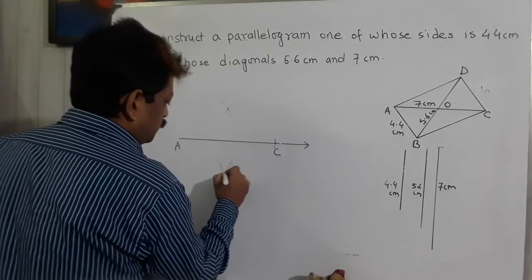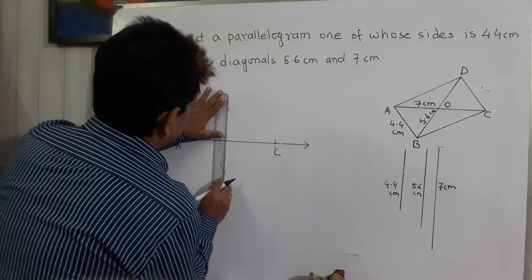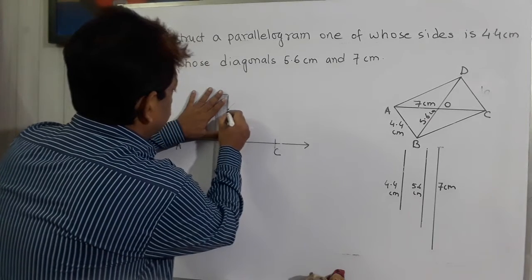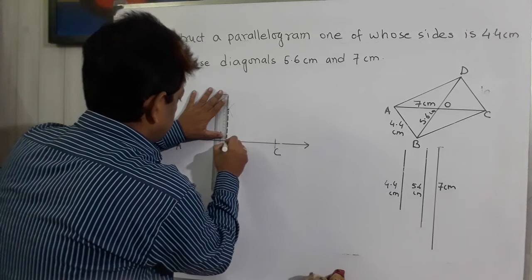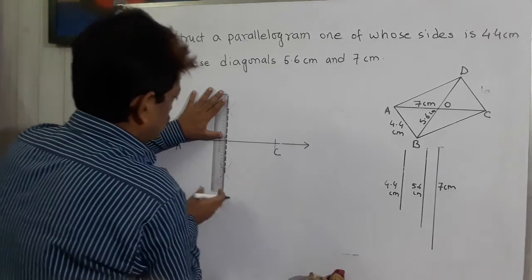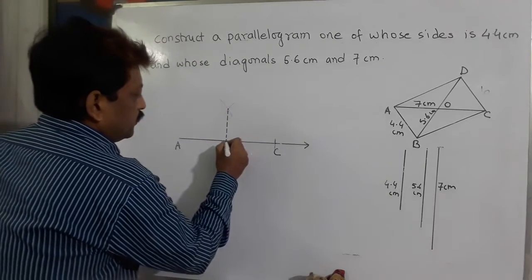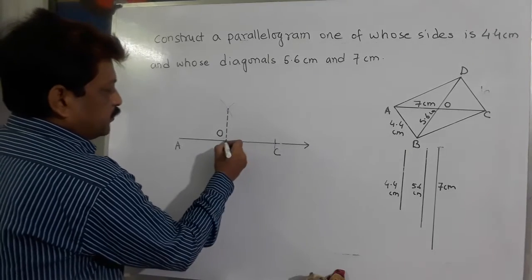So these 2 points will be joined. Therefore, this is the point O, the midpoint of AC.